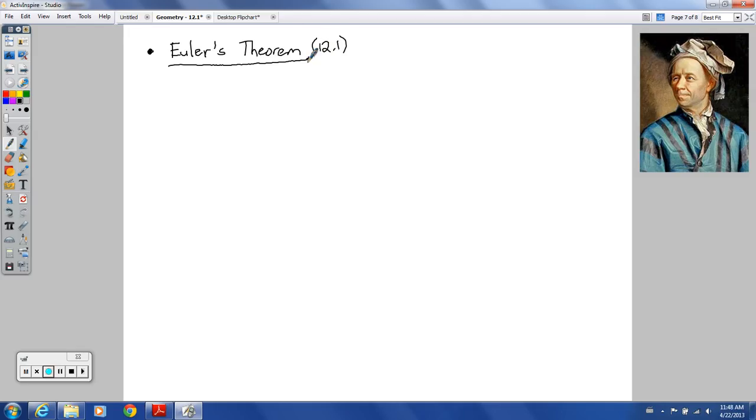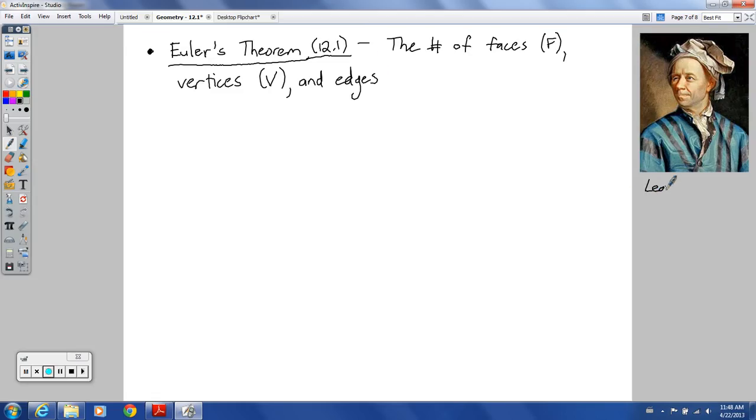First theorem in chapter 12. It says this is true. So the number of faces, which we're going to refer to with a capital F, vertices, which we'll refer to with a capital V, and edges, and I just felt like putting his name over here.